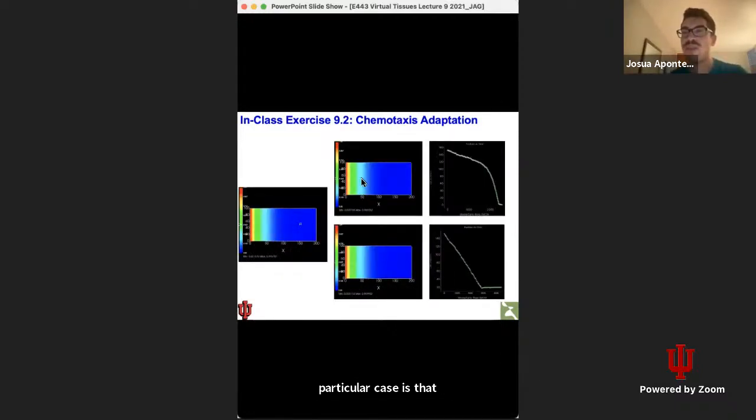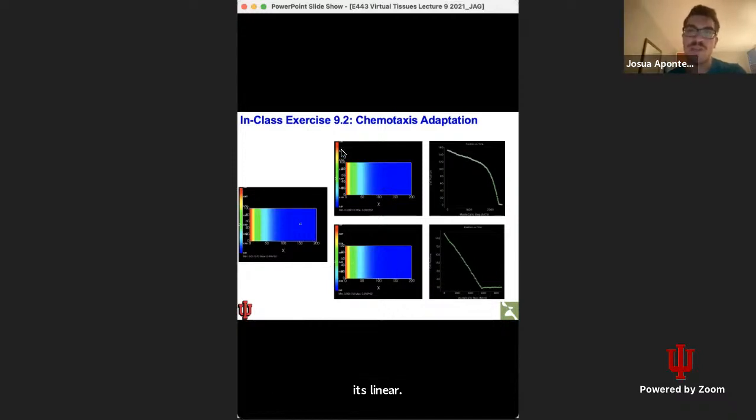Instead of an exponentially increasing response, we get a linear response and a saturation where the cell stops moving due to the gradient. So even though the gradient is exponential, the velocity with which the cell responds is linear, and it saturates to a point where it doesn't move anymore.